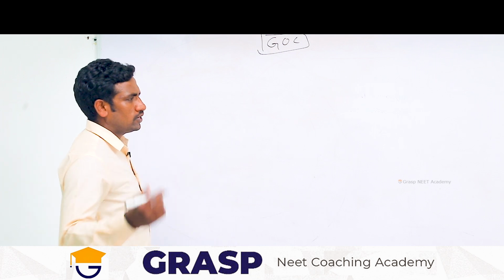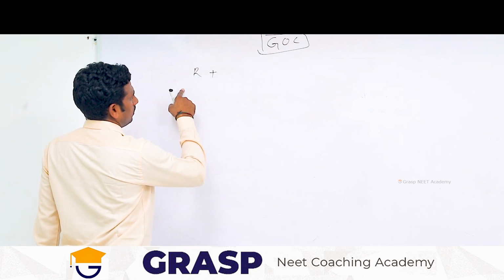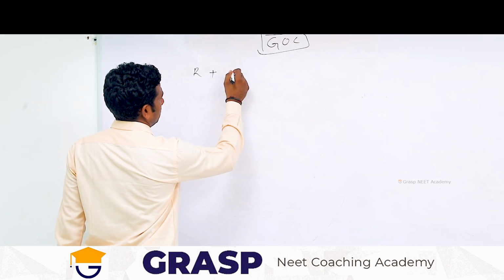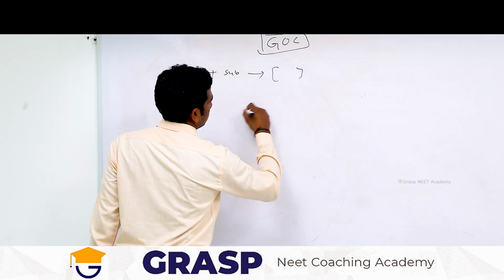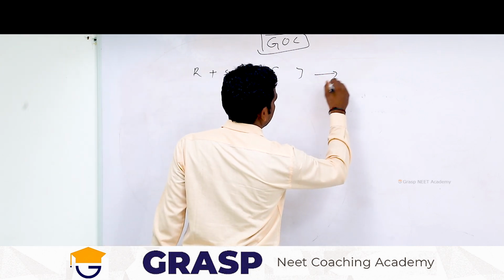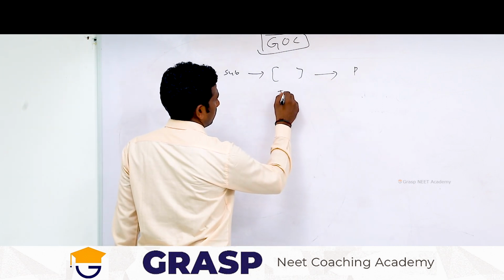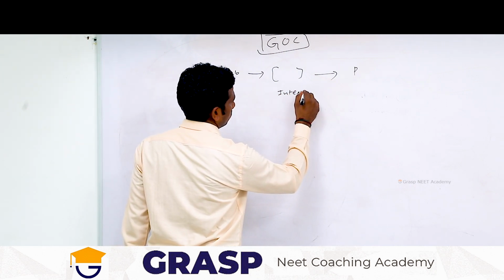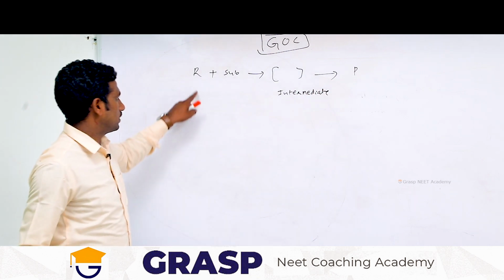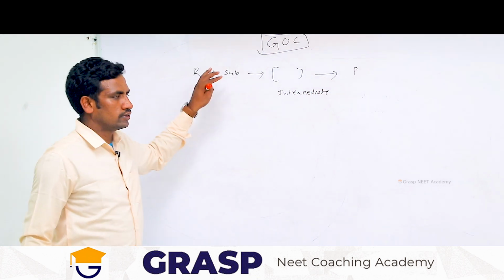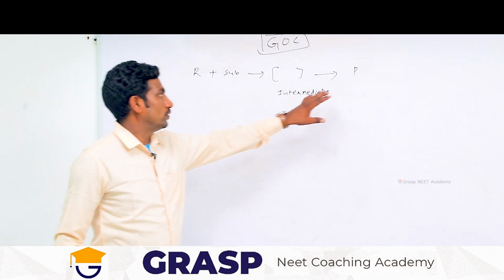In general organic chemistry, a reactant will react with a substrate or reagent, giving an intermediate, and then you get the product.